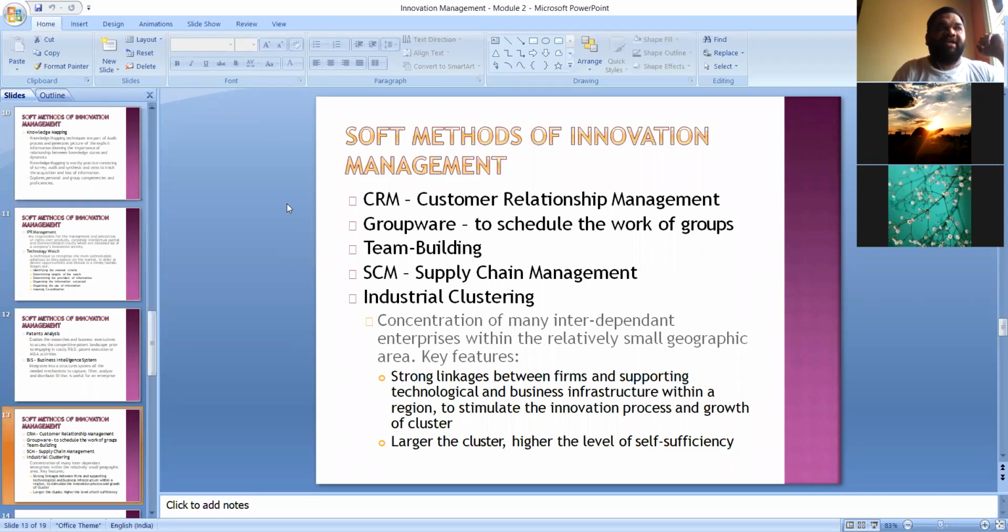Coming to team building. What do you mean by team building here? For team building also we are going to use some technique tools. Of course, because for example the organization is vast, there are many people working in the organization.